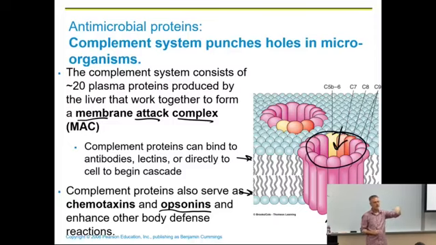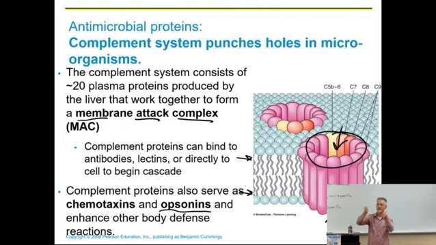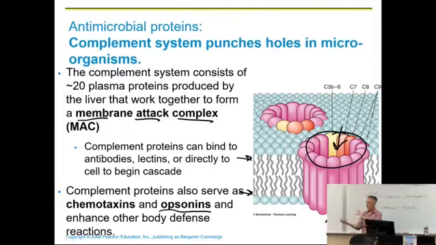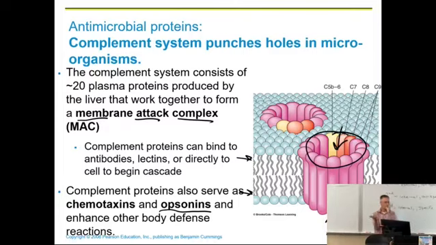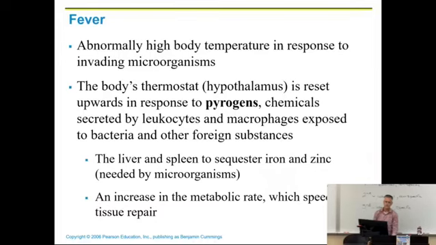So opsonization, or acting as an opsonin, is where they physically are sticking out of the infected cell or the bacterium and make it easier for phagocytes to grab onto it. Okay? So again, we're seeing this overlap or this enhancement of different defenses and how they can help each other out when we've become infected.